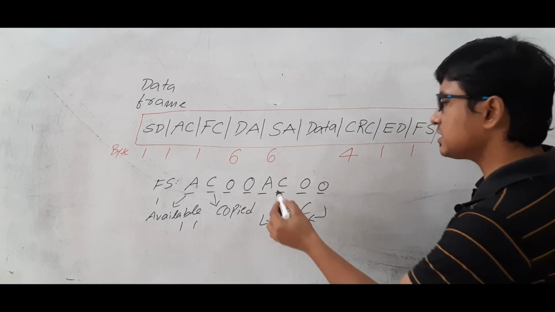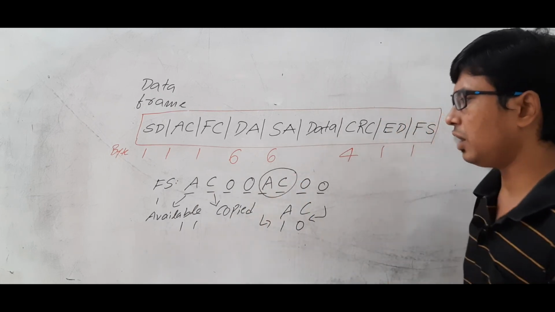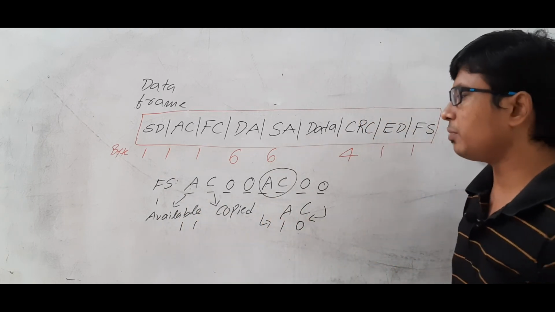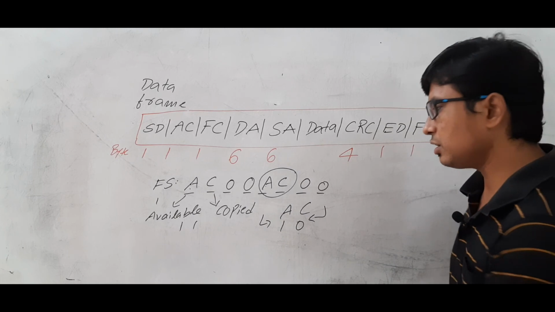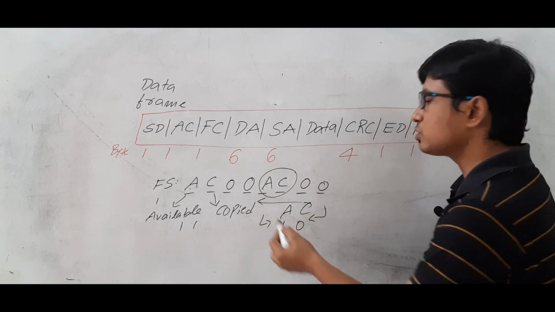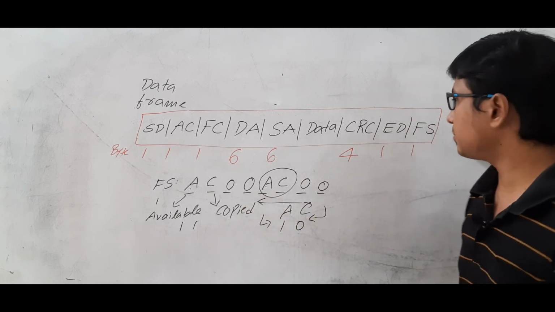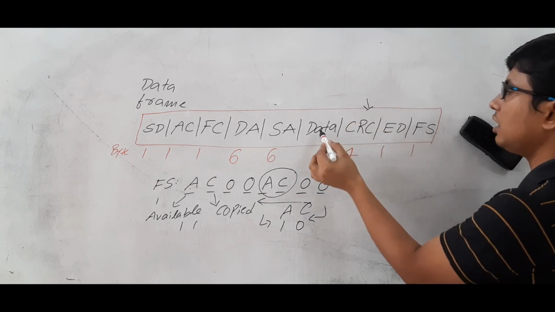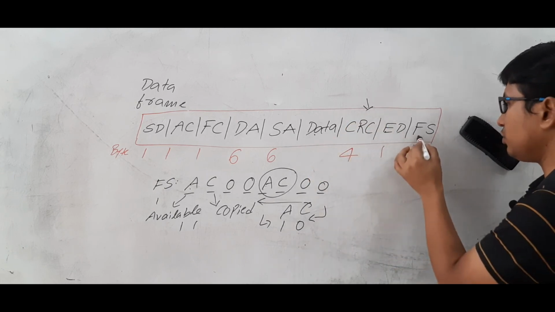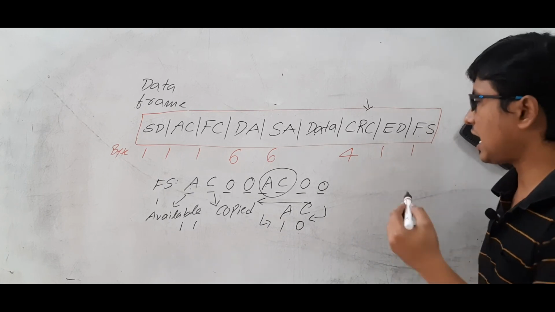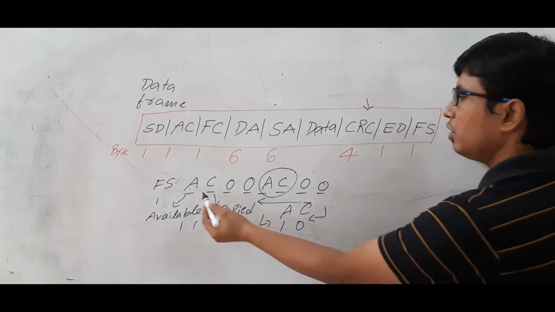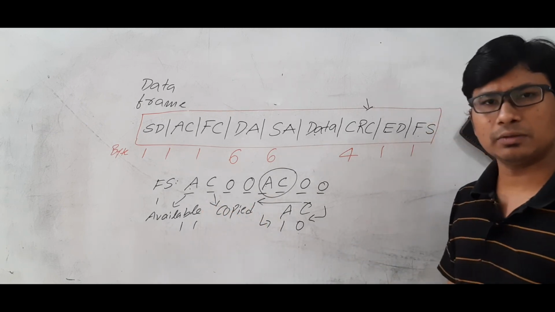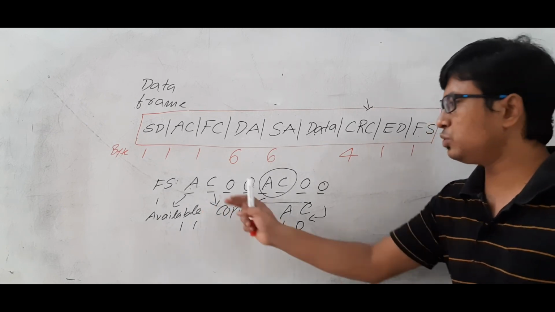Now you can ask me, sir, again what is this AC? You already discussed this AC. Why again this available bit and copied bit? The same information we will copy again so that we can detect errors, because we are calculating the CRC up to the data and not for this one. So if we want to detect whether there is an error or not, we have to send the data multiple times, meaning duplicate, 2 times I am sending.